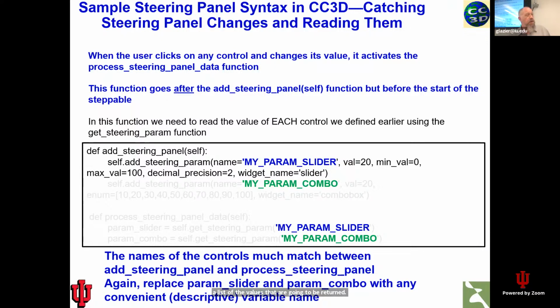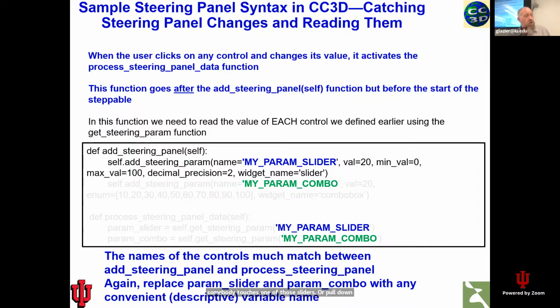So def add steering panel, self add steering parameter, my parameter slider, et cetera. When you're going to call it, there's going to be a function called process steering panel data, which is called every time somebody touches one of those sliders or pull down menus.